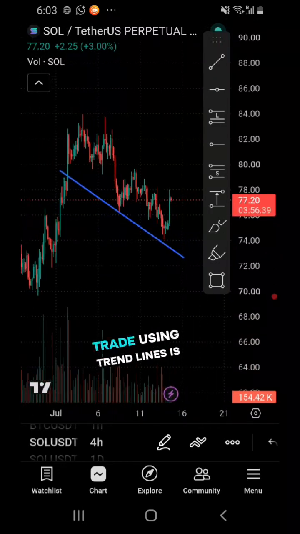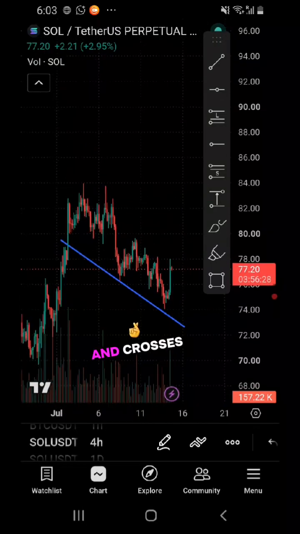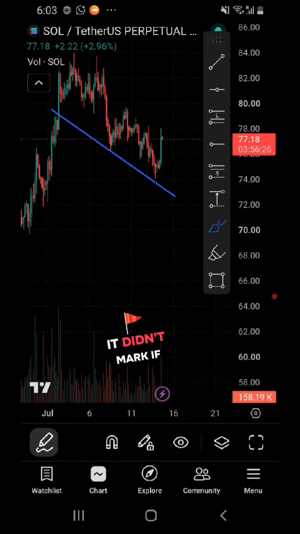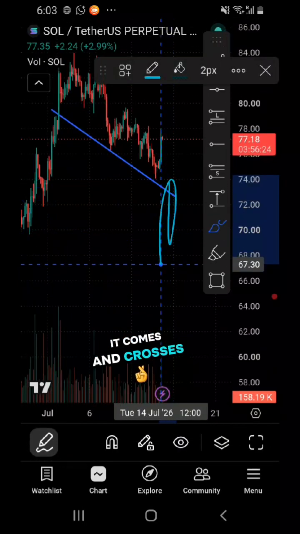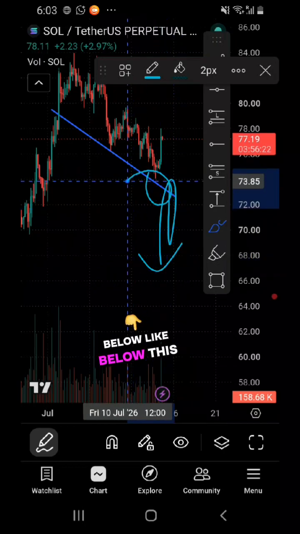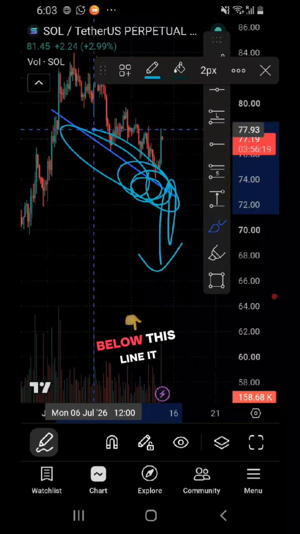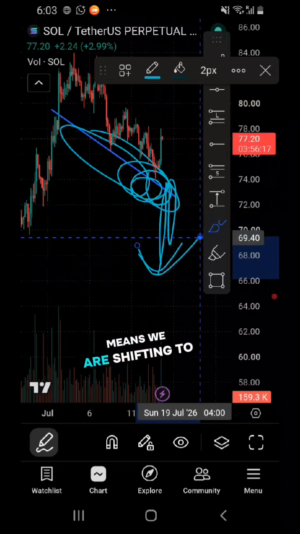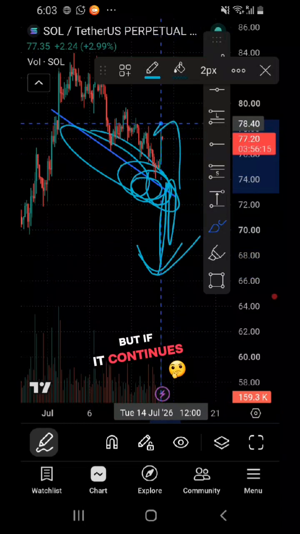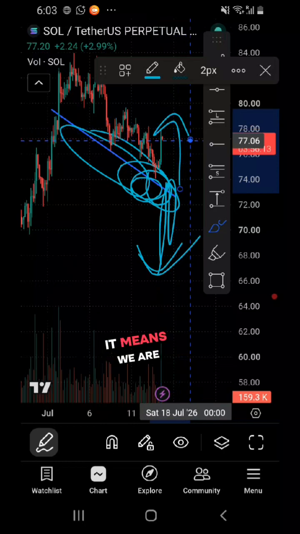And the way we trade using trend lines is, if this market is currently on an uptrend and it crosses below this line, it means we are shifting to the downtrend. But if it continues trading up, it means we are still trading on an uptrend as the market shows.